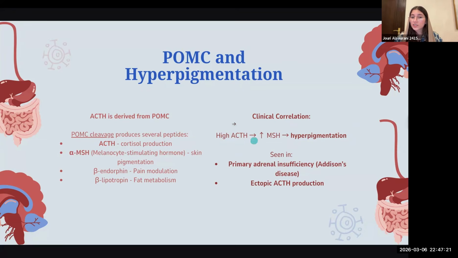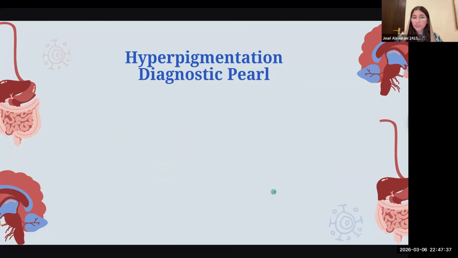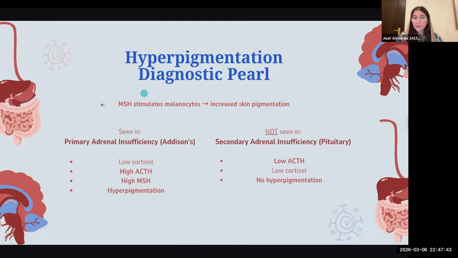If we have an increase in ACTH, we're also going to see hyperpigmentation because of the increase in the melanocyte stimulating hormone, MSH. We can see this in diseases such as primary adrenal insufficiency, which is Addison's disease, and ectopic ACTH production. So we said MSH stimulates melanocytes, so we're going to have increased skin pigmentation.